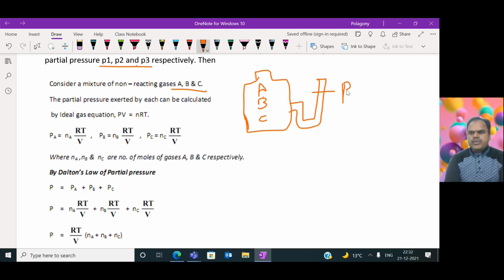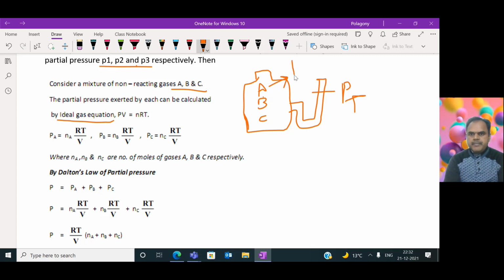This manometer will show the total pressure of the gases present in this cylinder. The partial pressure exerted by each one can be calculated by the ideal gas equation PV equals nRT. The P total is the pressure shown by the A, B, C non-reactive mixture of gases.